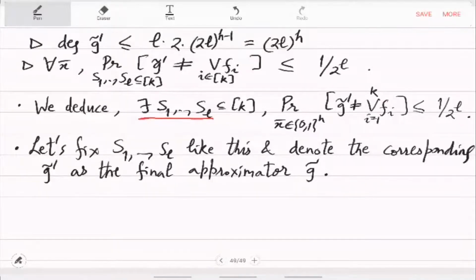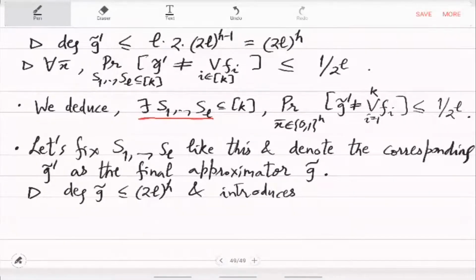So we have the property that the degree of g tilde is at most 2L to the h, and introduces errors less than or equal to 2 raised to minus L fraction.